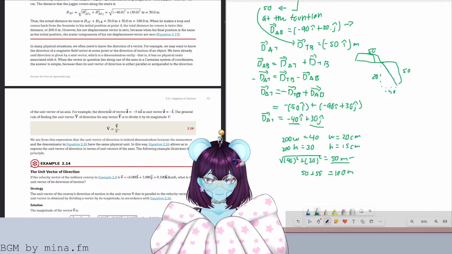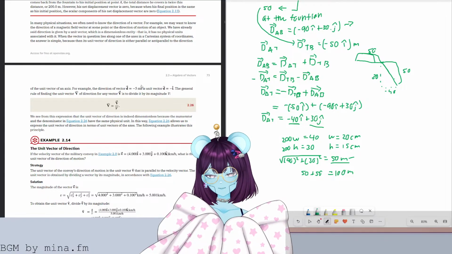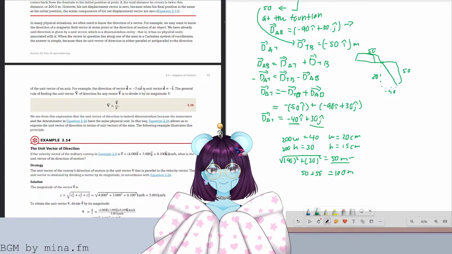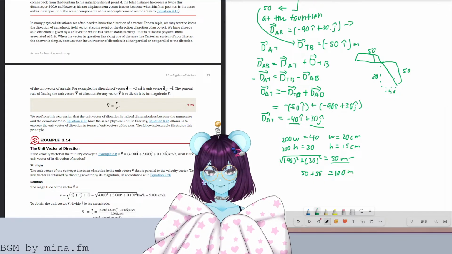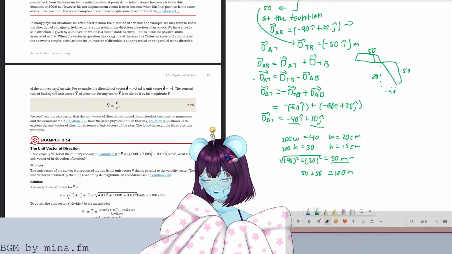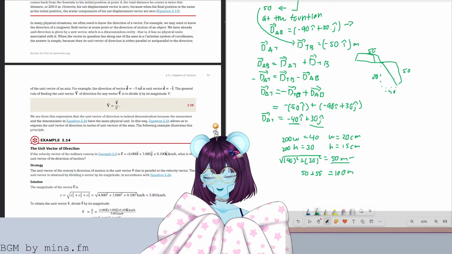For example, for the direction vector d of -5 meters in the i component, the unit vector is -i. The general rule of finding the unit vector of direction for any vector is to divide it by its magnitude.